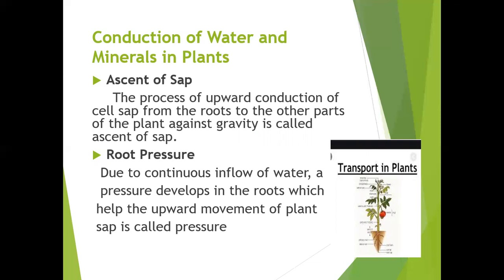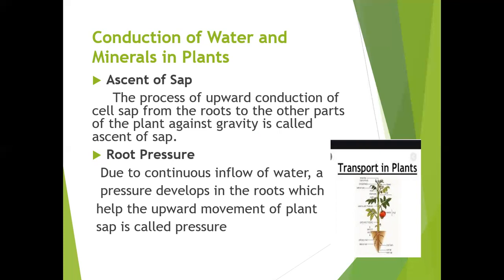So first we will discuss the ascent of sap. Once the minerals dissolved in water are absorbed, they move from the outer layer of the epidermis to the cortex and then to the xylem.